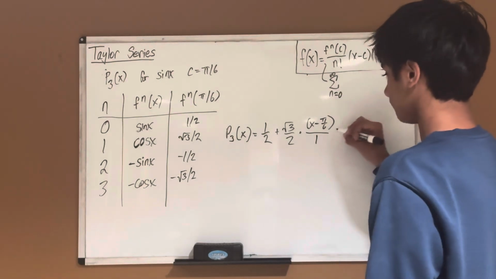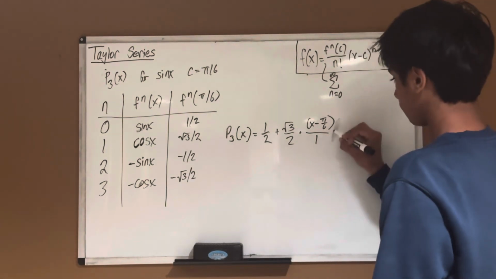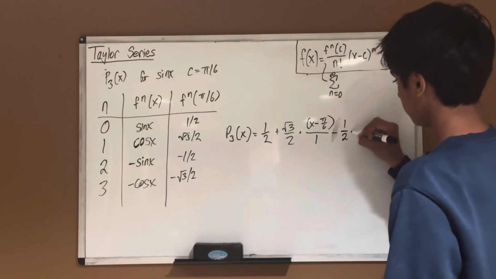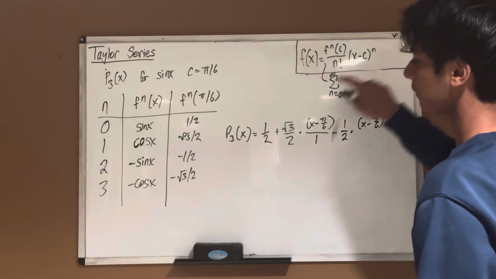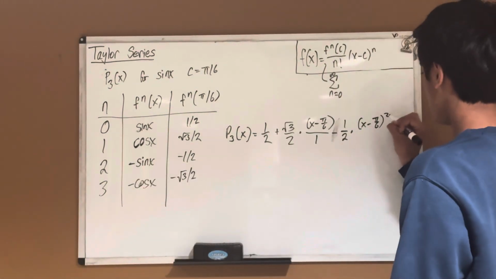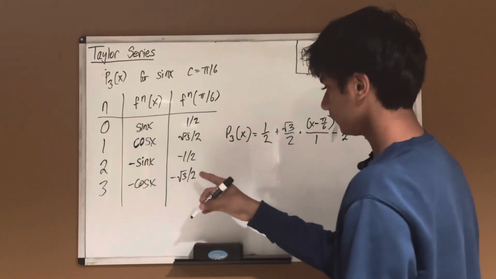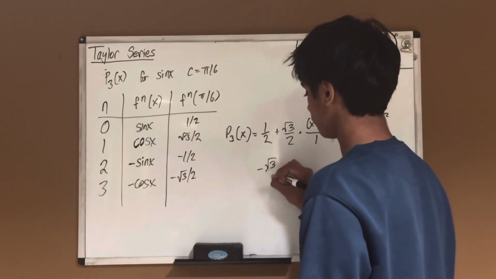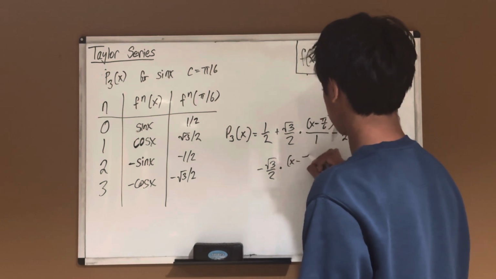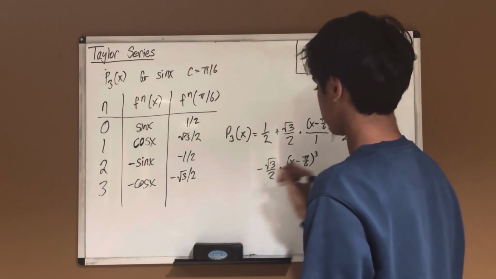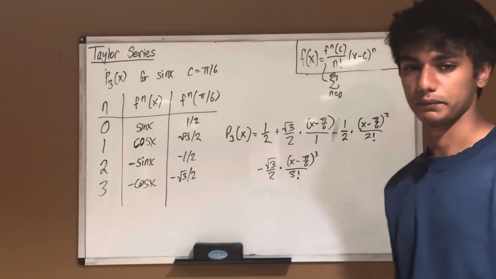Then we have minus 1/2 times x minus pi over 6, this time to the second power because n equals 2, over 2 factorial. This one we do minus square root of 3 over 2 times x minus pi over 6 to the third power because n equals 3, over 3 factorial, and that's our third degree polynomial.